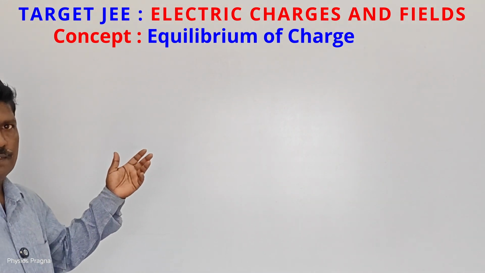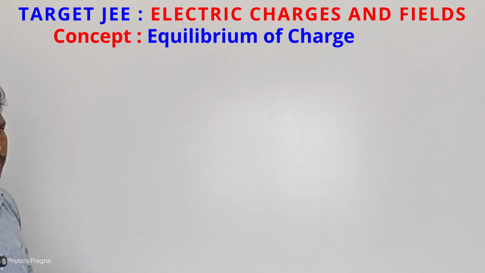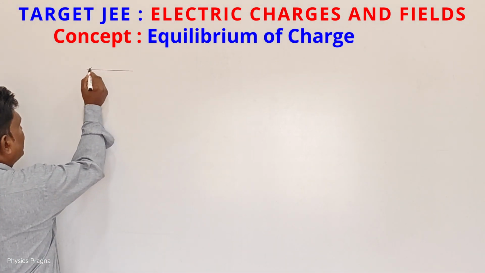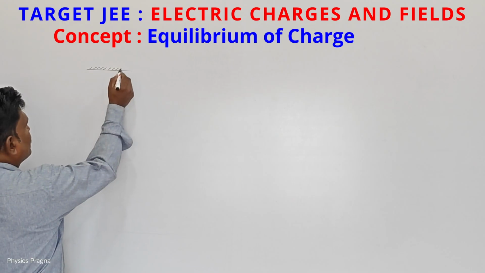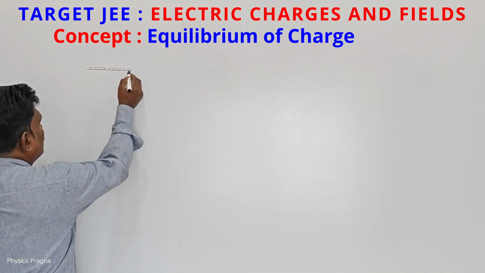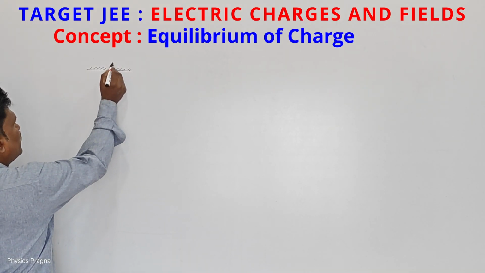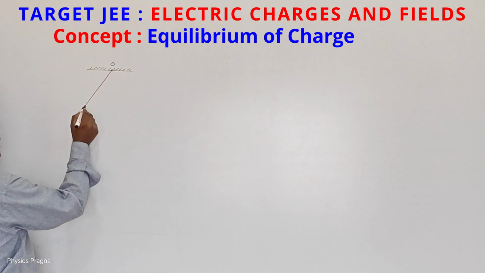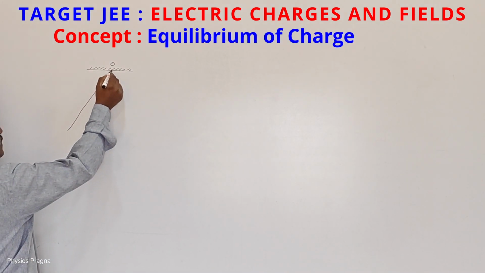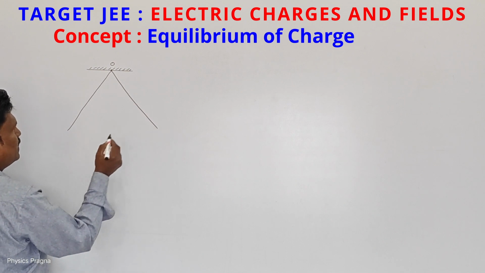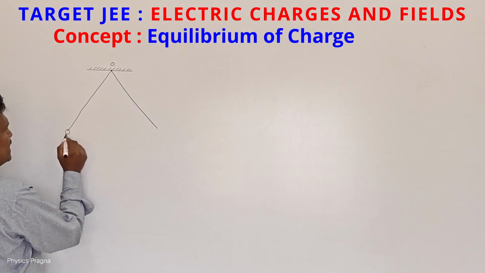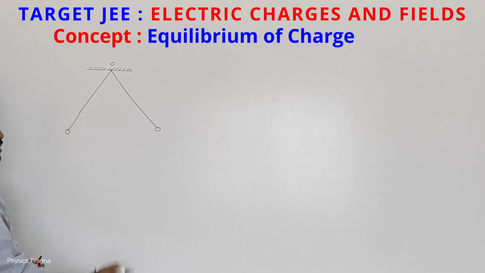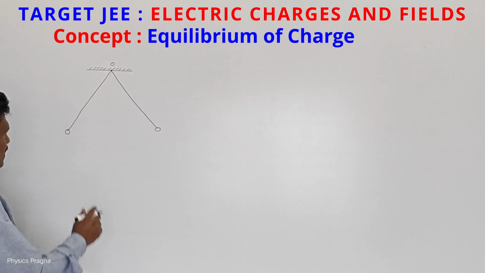Let us move on to another case of equilibrium. Let us consider a rigid support. From the rigid support O, two pendulums are suspended from the same point. The wire is non-conducting.